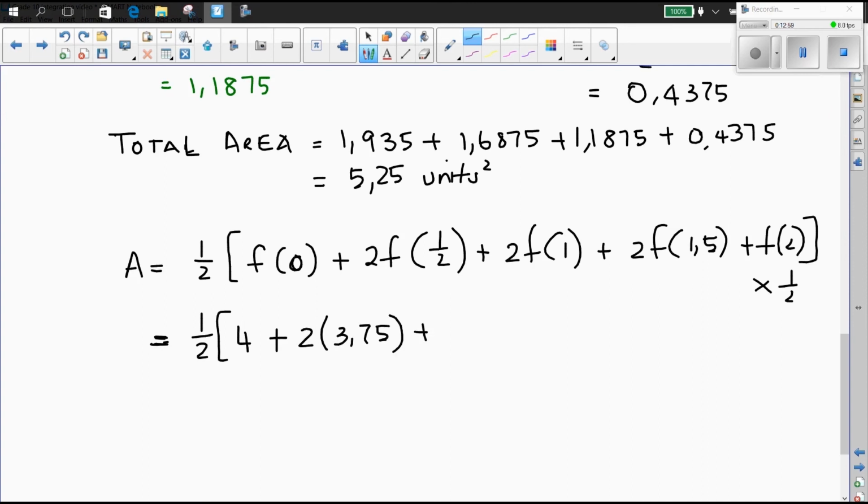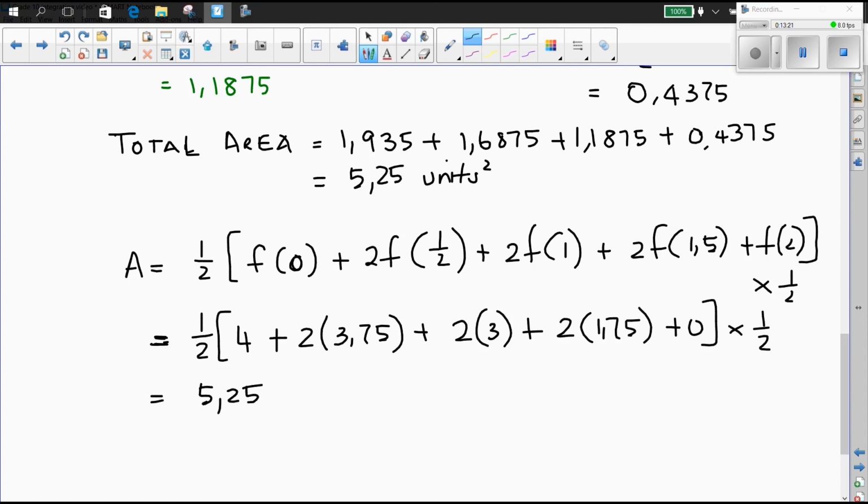We worked out that when x is 1, f of 1 is 3. We know that f of 1 and a half was 1,75, and we know that f of 2 was 0, multiplied by the width, which is a half. And if you calculate this, you get 5,25 square units.